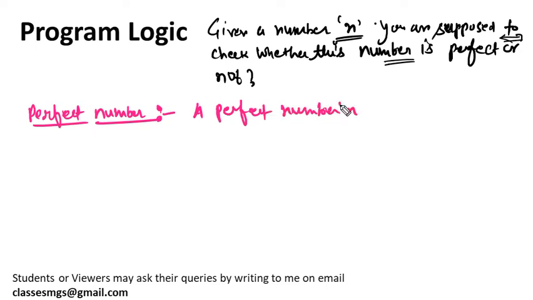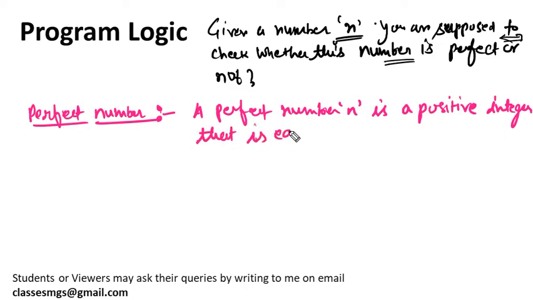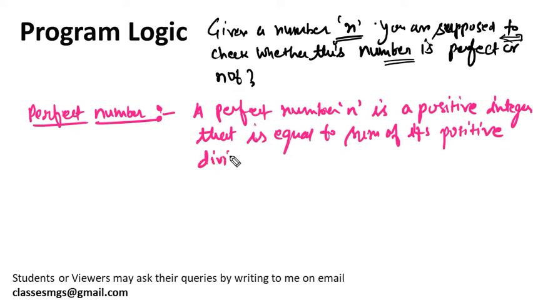A perfect number n is a positive integer that is equal to the sum of its positive divisors. What this line is saying, I am going to tell you with an example.